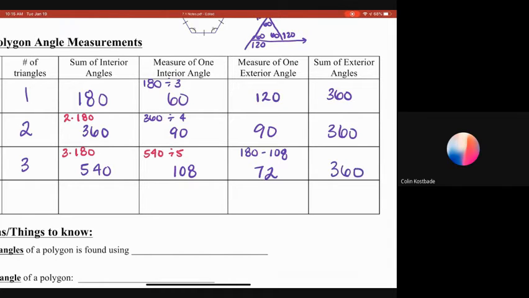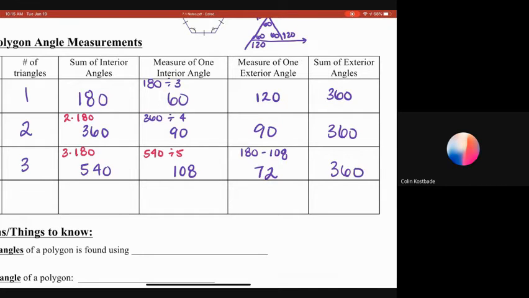Now here's another little pro tip for you, depending on what information you're given. If you want to find the measure of one exterior angle, let's just say that's all the directions said. The directions said find one exterior angle of a pentagon. Do you want to have to go through all that work every single time? I don't either. Okay?